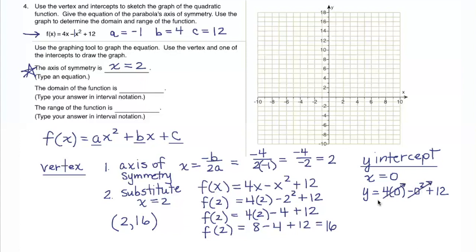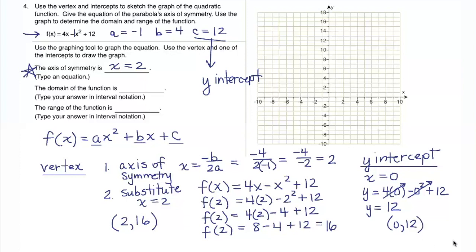This is also 0. And you're only left with the c value, and that will always happen. It turns out that the c value is in fact going to be your y-intercept for any quadratic, not for other kinds of functions. So I have the point (0, 12).